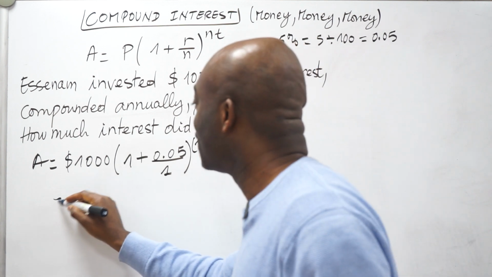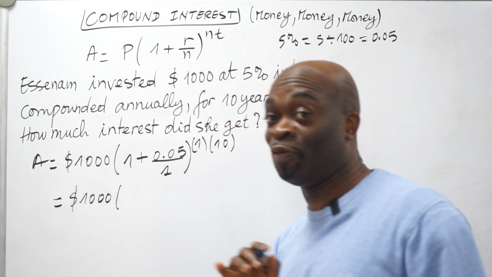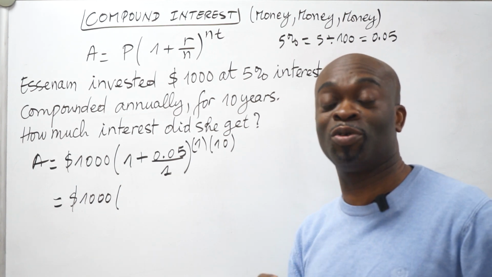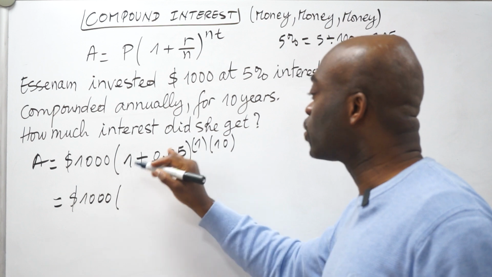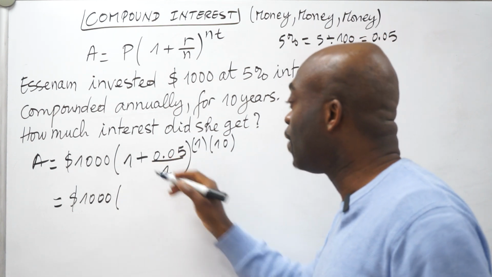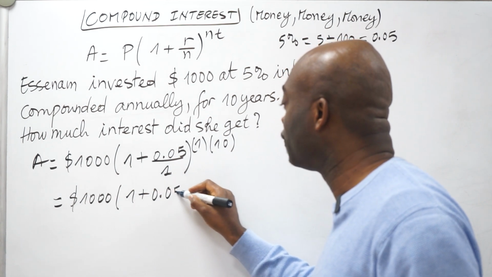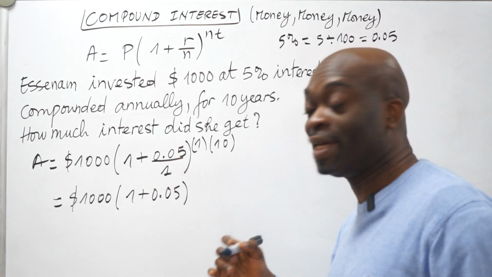So now we're going to follow the order of operations. I know you guys love order of operations, the BODMAS rule, the PEMDAS rule. So 0.05 divided by 1 is just 0.05. So this is going to be 1 plus 0.05, and then to the power, 1 times 10 is 10.